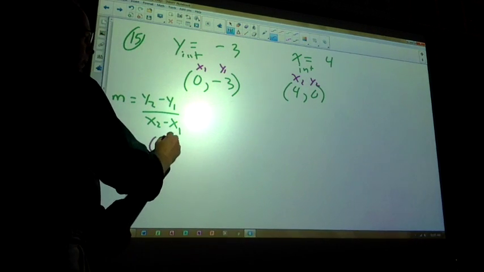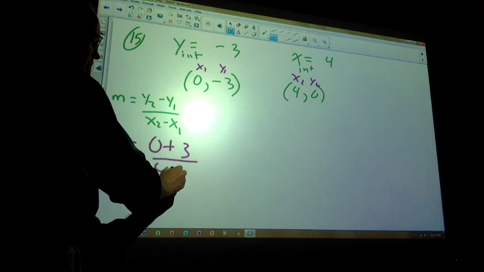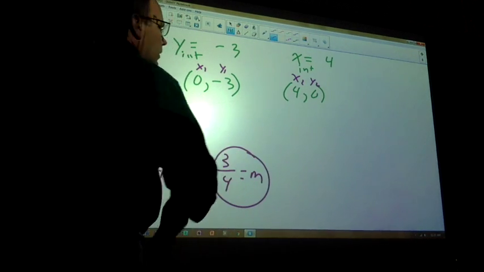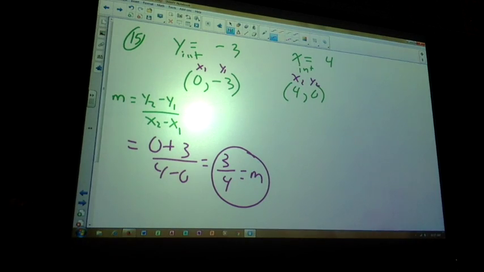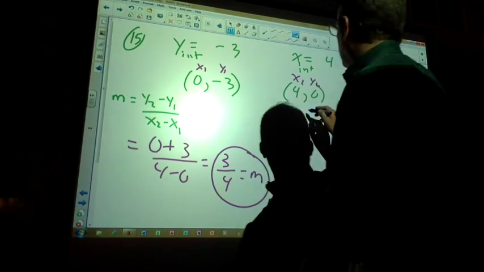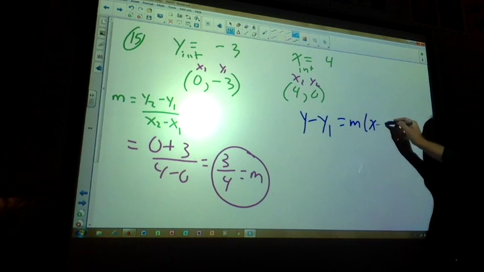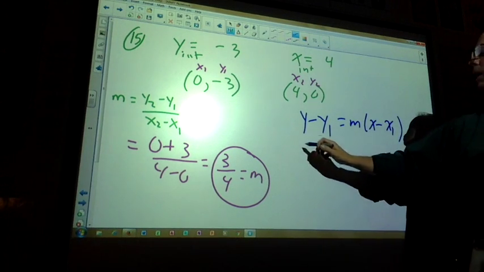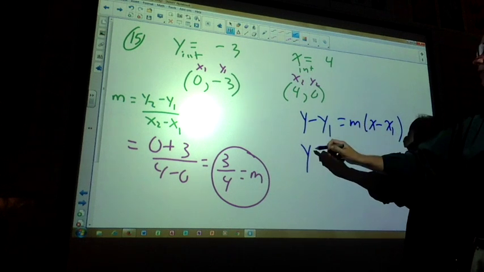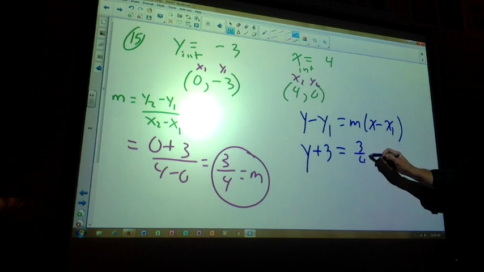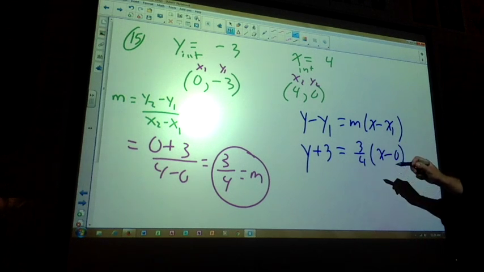So I got 0 plus 3 over 4 minus 0. So I have 3/4 as my slope. Is that all right so far? Using my point-slope equation, which is this: y minus y1, so that's y plus 3, equals 3/4 times x minus 0.